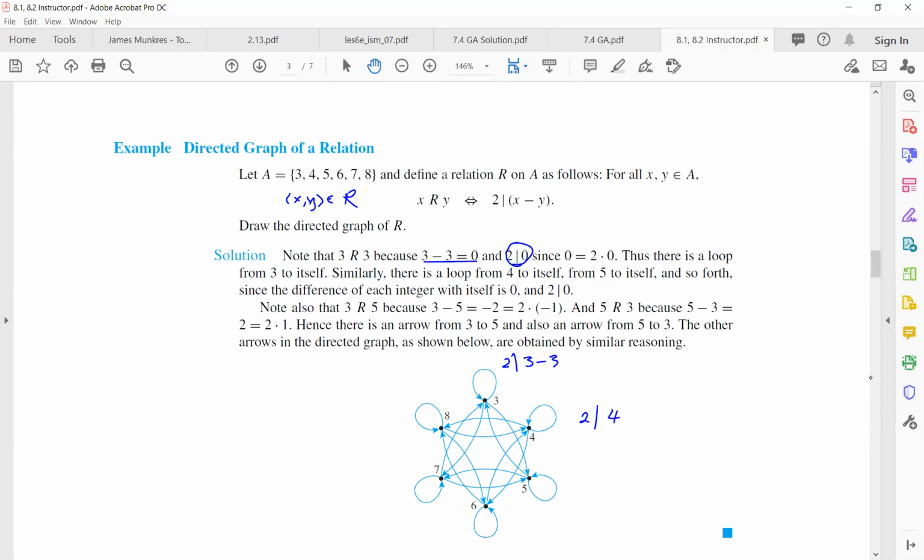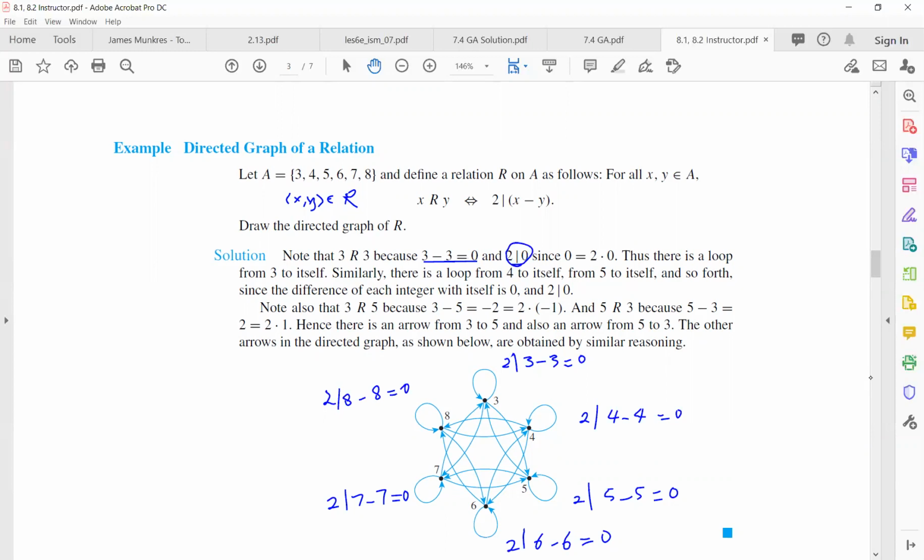These are all zeros. 2 divides 5 minus 5, which is 0. 2 divides 6 minus 6, which is 0. 2 divides 7 minus 7, which is 0. 2 divides 8 minus 8, which is 0. That's why we have a loop for each of these numbers.